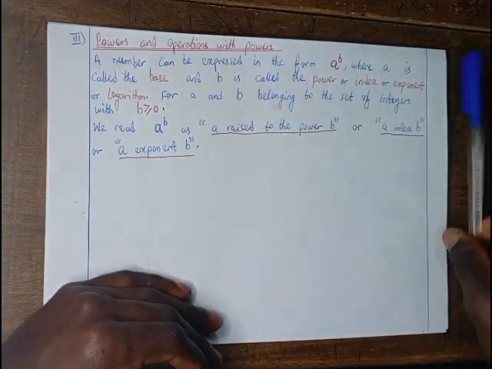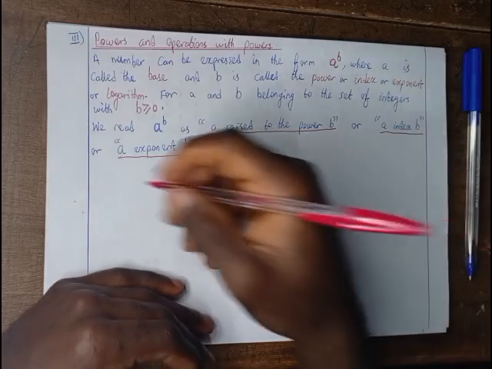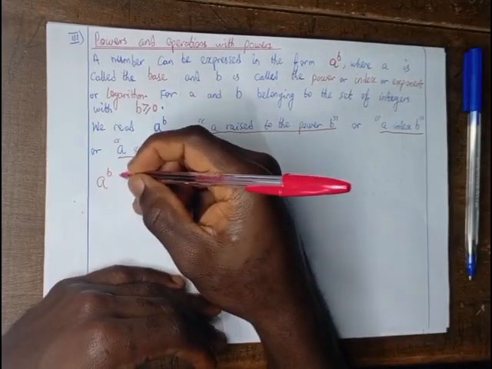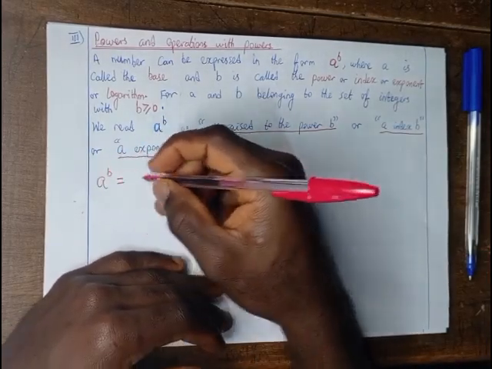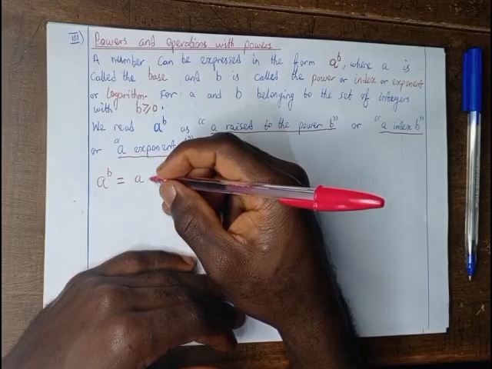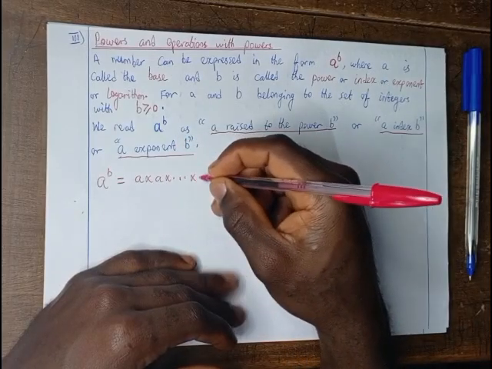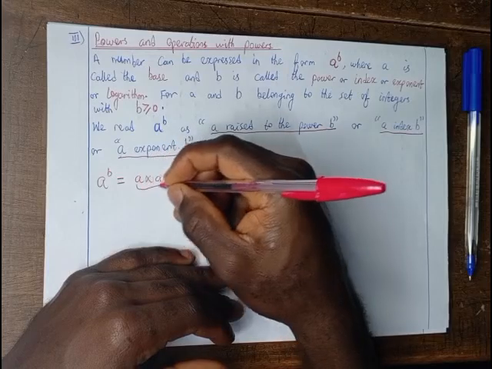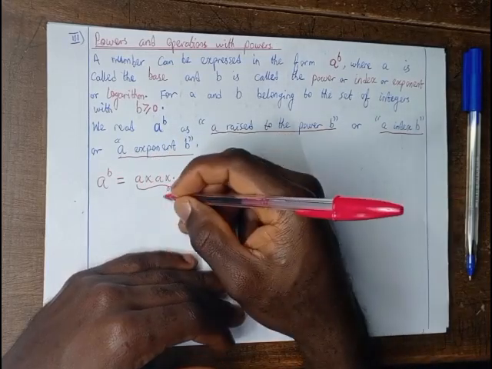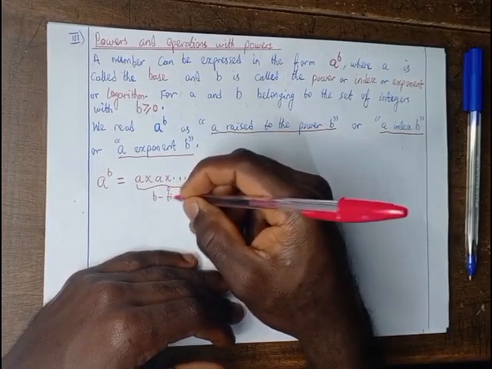If we have a raised to the power b, it simply means we are going to multiply the number a by itself b times.